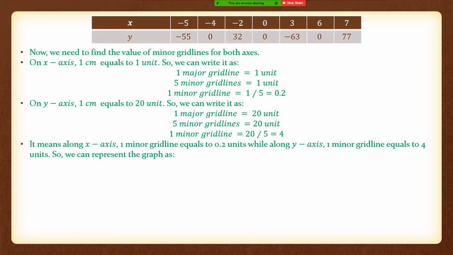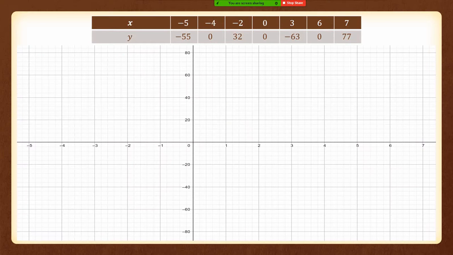Then we found the values of minor grid lines: 1 minor grid line equals 0.2 units along the x-axis, and along the y-axis, 1 minor grid line equals 4. Now we have all the necessary values to plot the graph. Now, this is our graph.